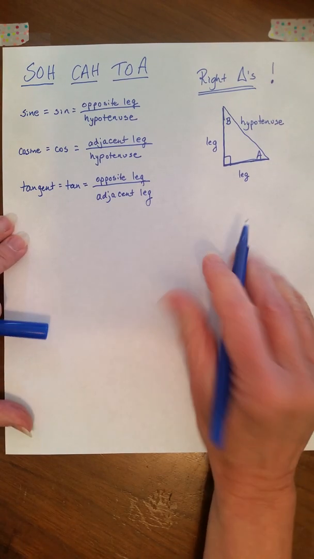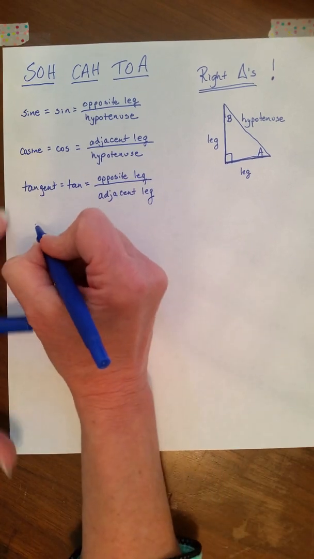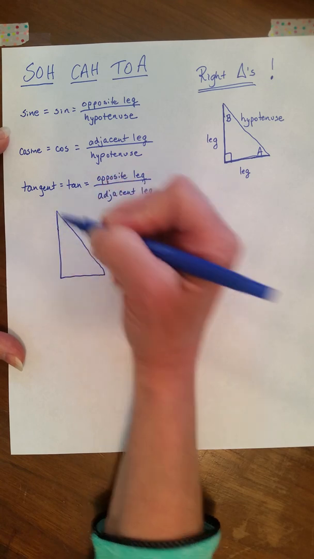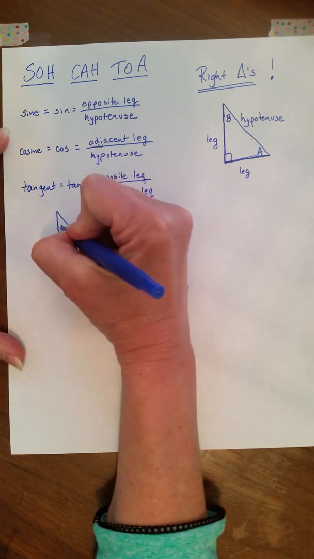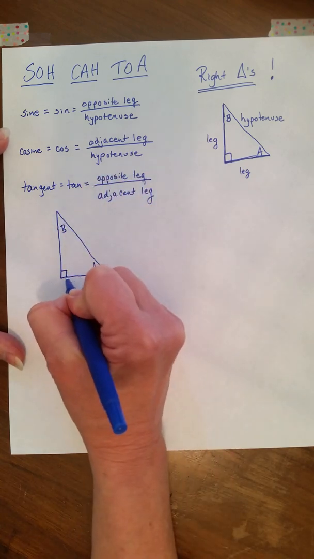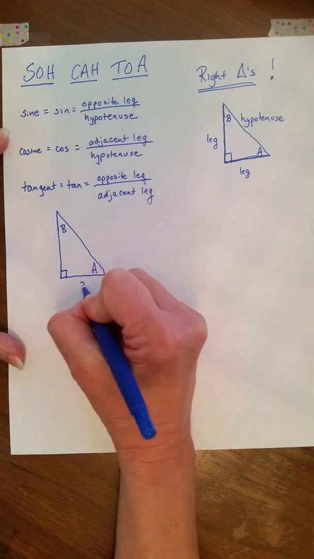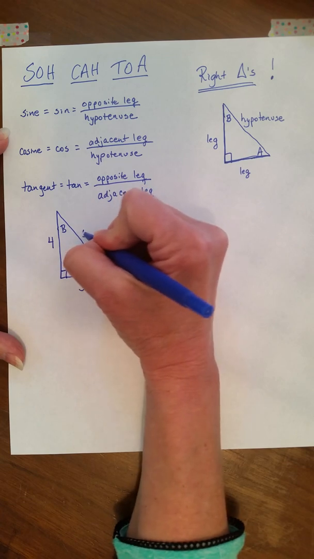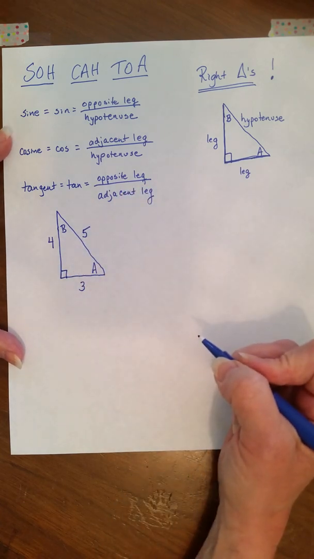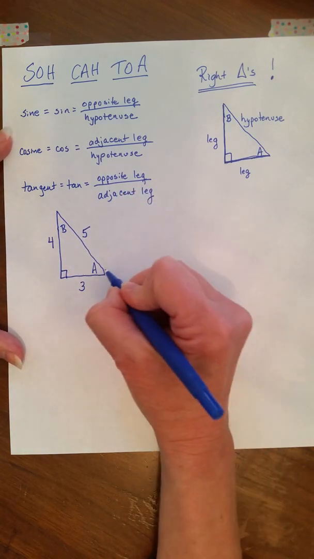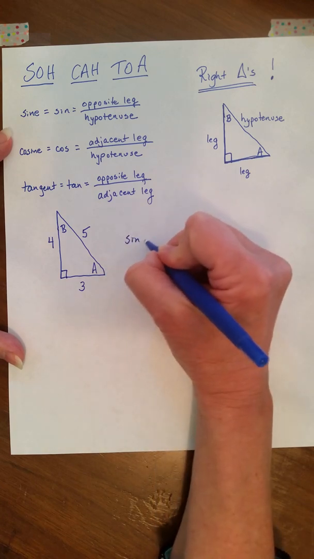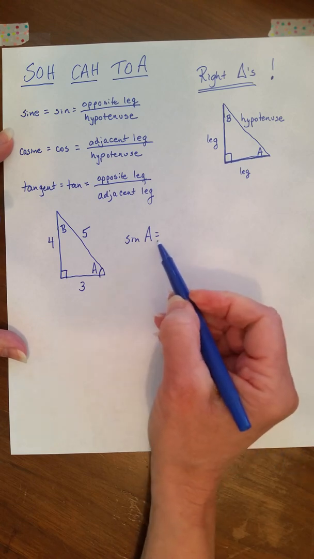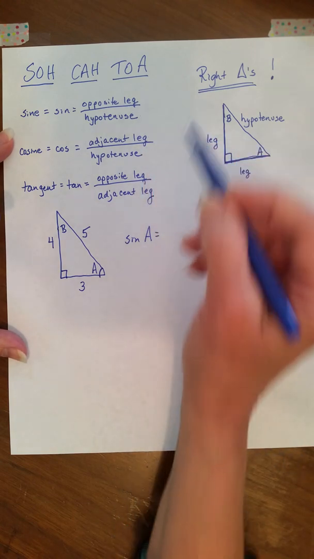Okay, now, let's just start out with a triangle like this. Here's A, here's B, here's the right angle. This lower length is 3, this longer leg is 4, and the hypotenuse is 5. Okay, then here's how this works. Sine of angle A, here's angle A. The sine of A is the opposite leg over the hypotenuse.